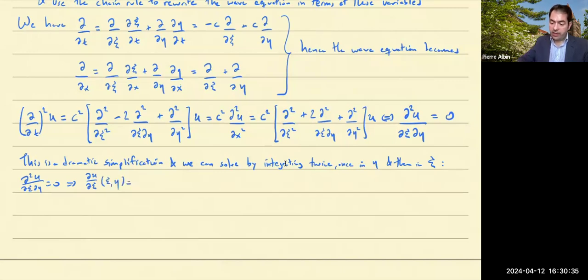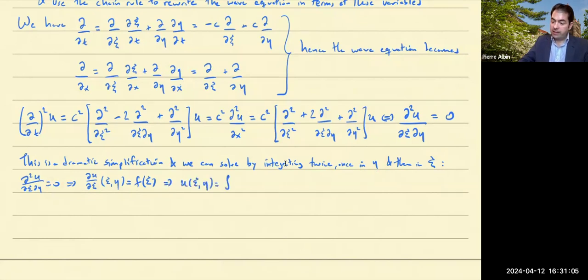On the right-hand side, if I integrate 0, I get a constant, okay? But I'm integrating with respect to eta. So I get something that's constant with respect to eta, right? But it could still depend on xi. So I end up with an arbitrary constant in eta, so that's just an arbitrary function of xi. And now I integrate both sides with respect to xi. So I end up on the left-hand side with just u.